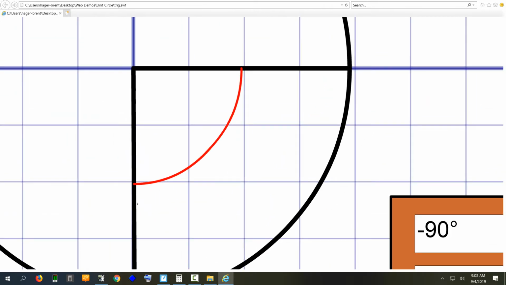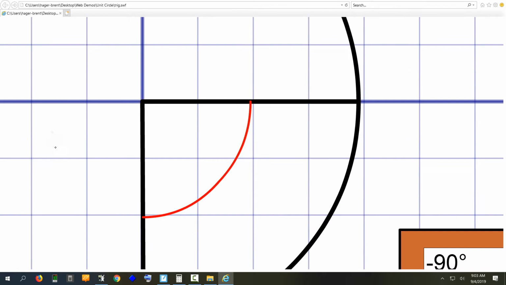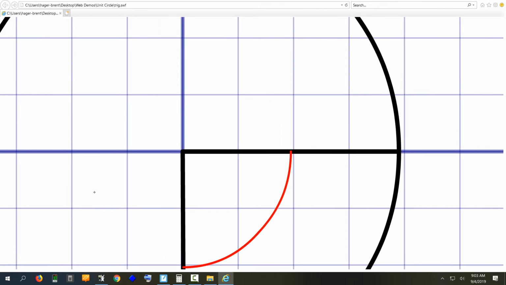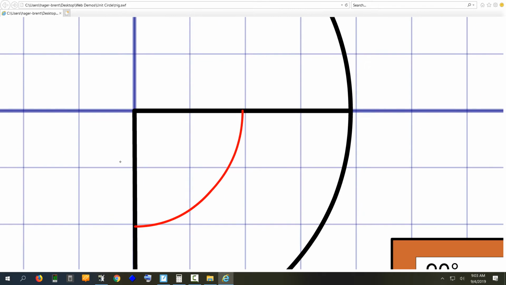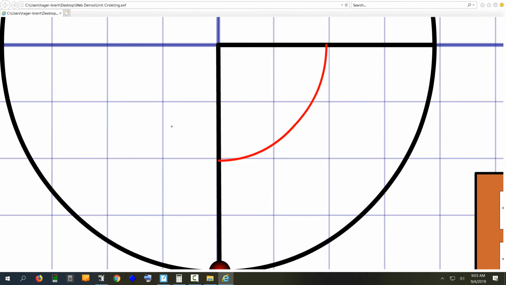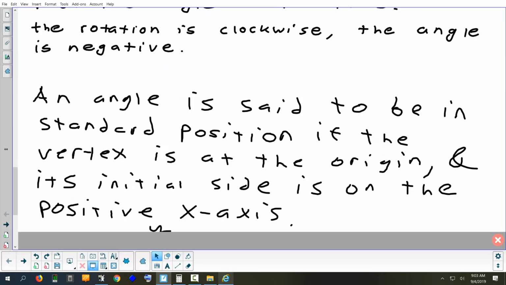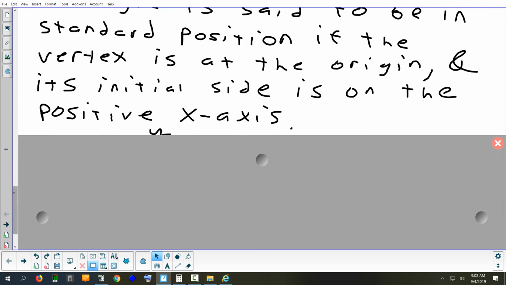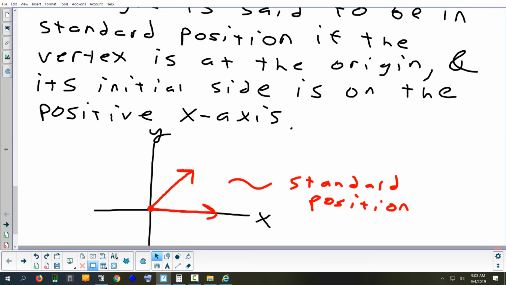It'd be nice if I could zoom back out. And the initial side is always on the x-axis. Well, we'll try that later. So that's another example of an angle in standard position.